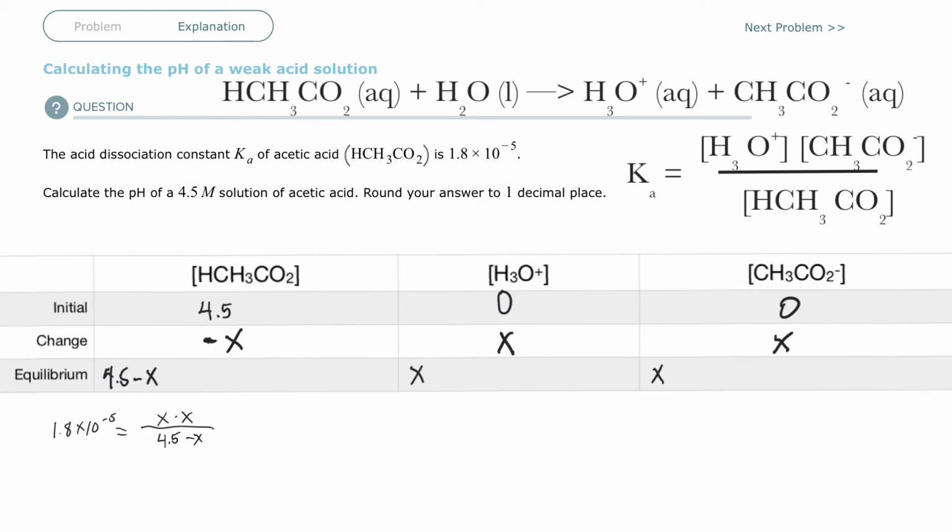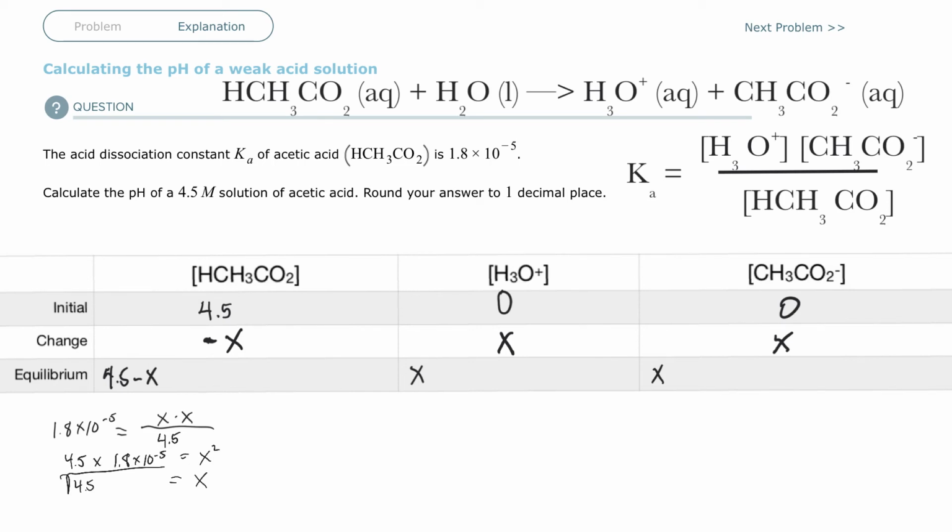All right, I love fudging. I'm just going to erase what I wrote here and act like it wasn't there. You'll see that it's just going to round off anyway, but it saves me 15 minutes of math that I don't like, because now all I'm going to do is say 4.5 times 1.8 times 10 to the -5 equals X squared, and then solve for that.